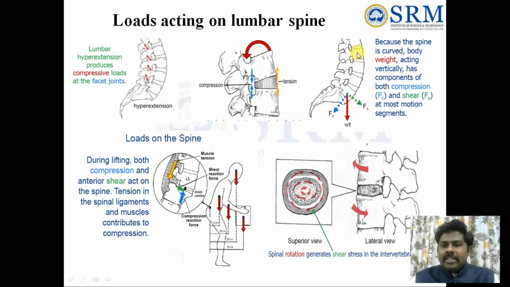For example, for this vertebra the force acting is different, for this vertebra the force directions are different. So we need to be very careful while calculating these types of forces. And after that, loads: for example, if this is 10 centimeter apart, then what is the force generated?